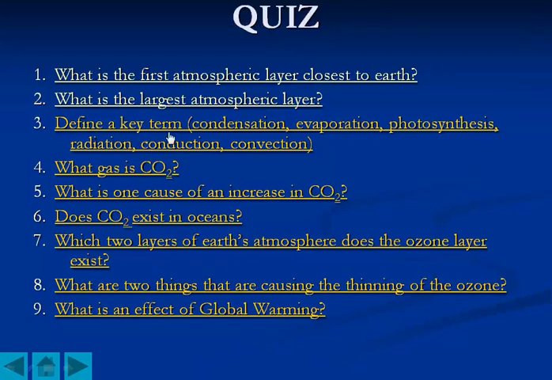Okay, define the terms condensation, evaporation, photosynthesis, radiation, conduction, and convection. Already we have seen conduction, how the heat gets transferred. Condensation, when the water changes into the liquid, that is condensation. Evaporation, when the water converts into vapors. Photosynthesis, the production of food by the plants through use of solar energy and CO2.